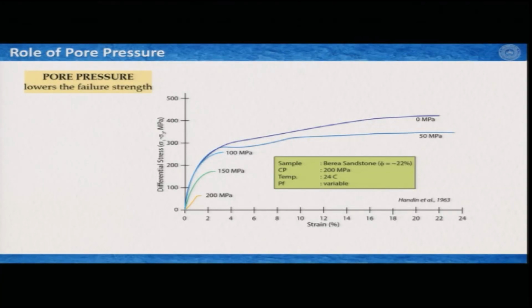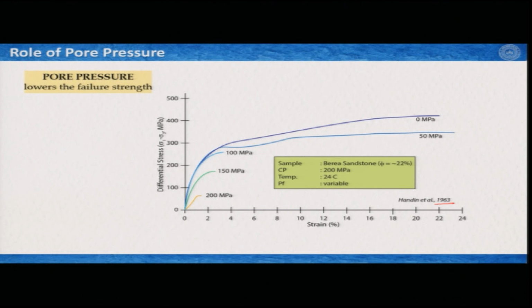Now, let us look at the pore pressure. So, these experiments were done with a Berea sandstone and performed by again another great geologist, Handin. The paper got published in 1963. So, Berea sandstone is a sandstone that has a very consistent porosity from 15 to 25%. So, this sandstone typically has 22% porosity. The confinement was 200 megapascal.